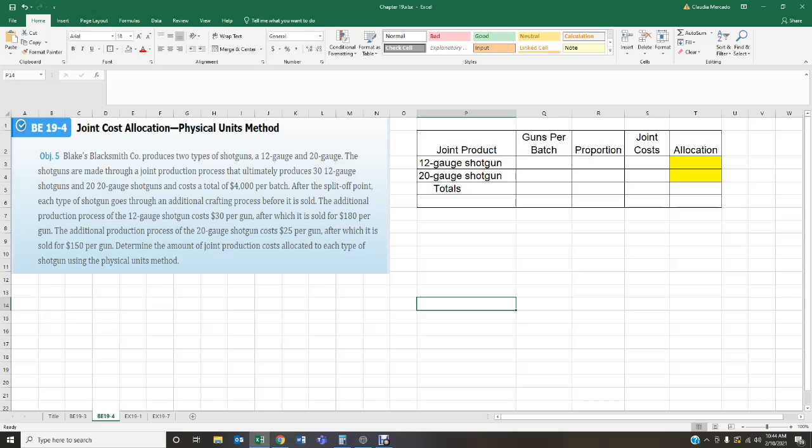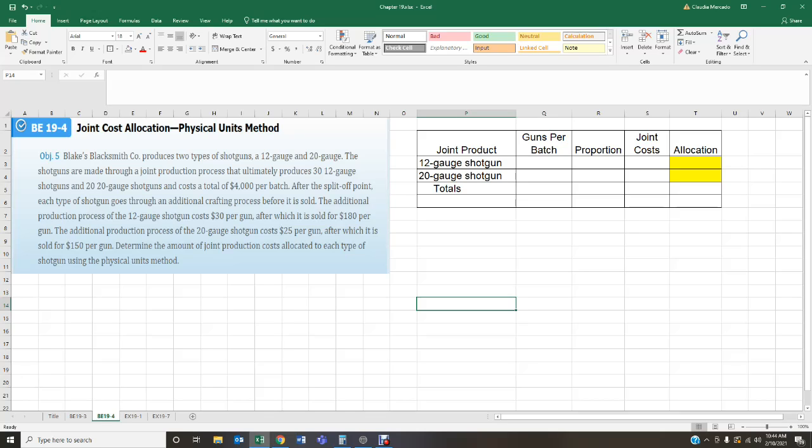After the split off point, the 12 gauge shotgun costs $30 and the 20 gauge shotgun costs $25, but that's after the split off point. We are interested in identifying the cost at the batch level so we can split up that batch cost to the 12 and the 20 gauge shotgun.